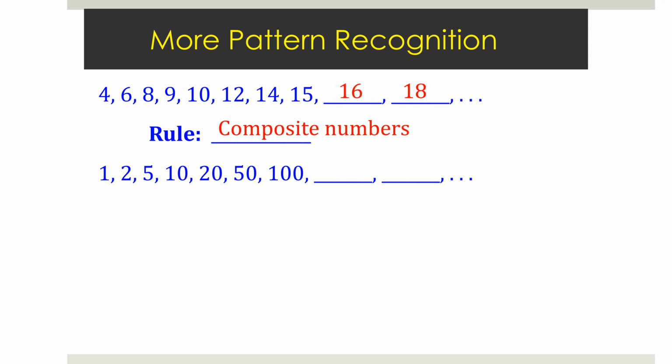This one you're definitely not going to like. And the answers are not 200 and 500. In fact, I'll tell you the answers, because you would never get this. Can you tell me the rule? What's significant about those numbers?